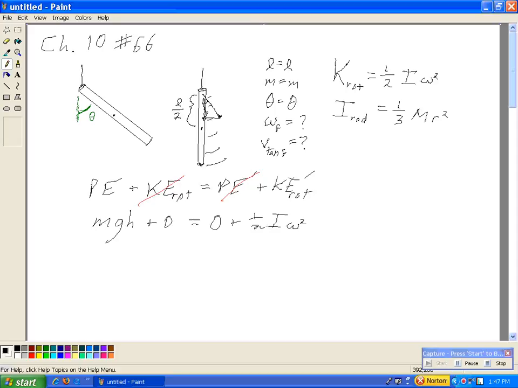If we know this distance, then we know what to subtract from L over 2. So here's a triangle. It's a right triangle. Here's theta. So that part there is L over 2 cosine theta.